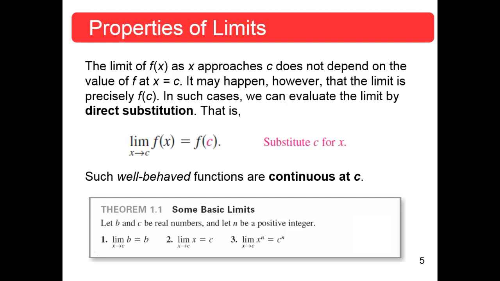Now, the limit of the function f of x equals x as x approaches c is c. Why is that? What does this function look like? It has a special name. The other one was a constant function; this has a special name. Anyone remember it? f of x equals x.